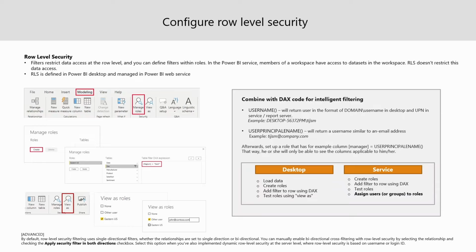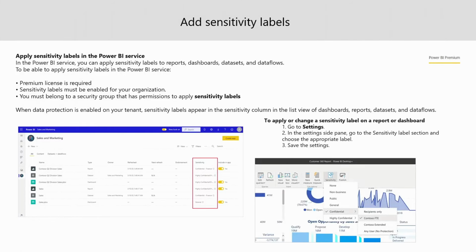All right, next up is adding sensitivity labels to our data and our reports. We can increase our security, or at least make our users more aware of any confidentiality issues that may arise, by using those labels.